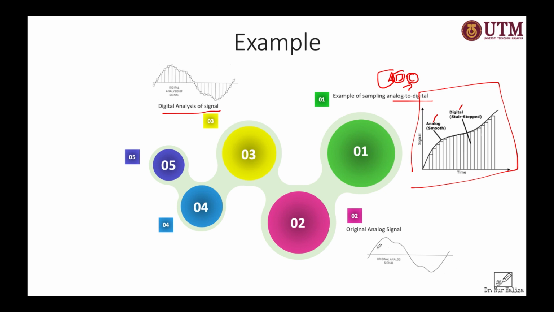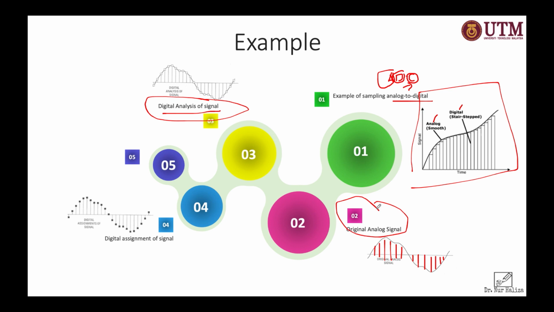You're going to analyze all the signal one by one to get the basic overview of your digital. It's called the digital analysis of the signal from the original analog signal.